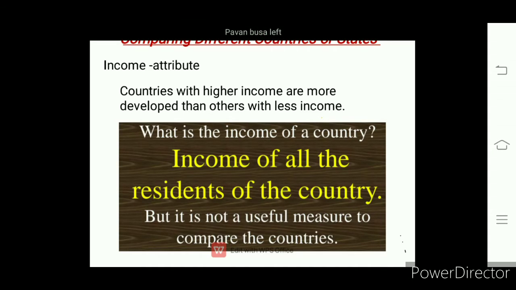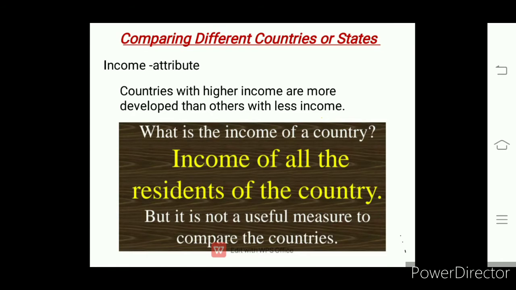So we left it. Now we have come to the conclusion that income of a nation, what we call national income or total income, is not a suitable criteria for comparison of the countries and states.